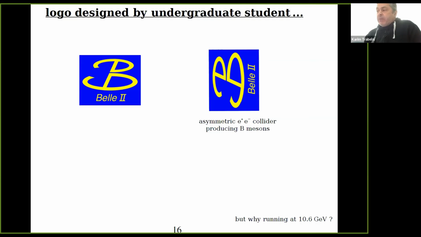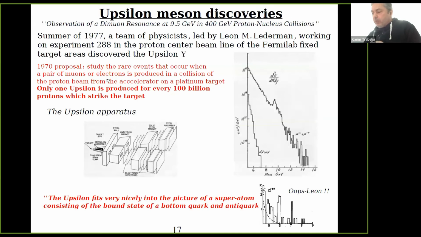Now the question you might have is which energy, and why this energy? I mentioned already earlier about 10 GeV, 10.6 GeV. So let's see why we are running at this energy.